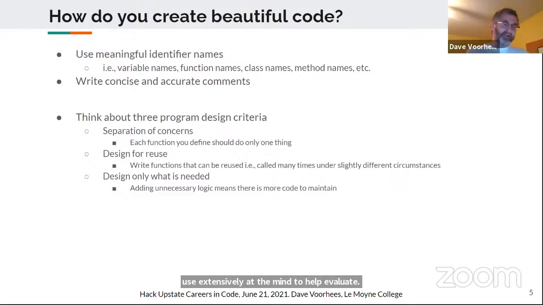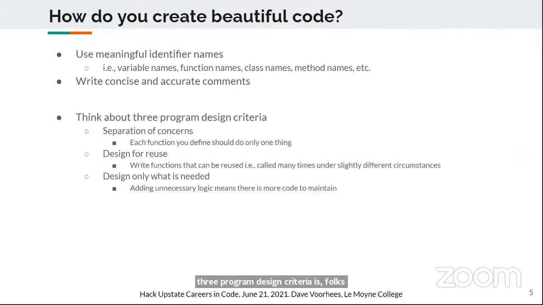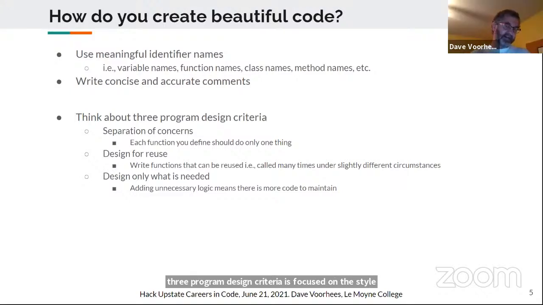So you can see here, the definitions I'm providing for each of these 3 program design criteria is focused on the style of programming that you've learned with JavaScript on the client side, and that is, by and large, you're just defining and using functions to do your work.